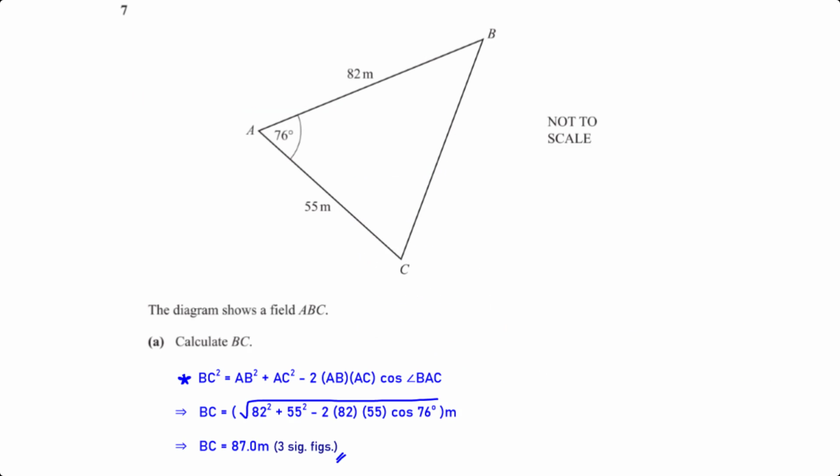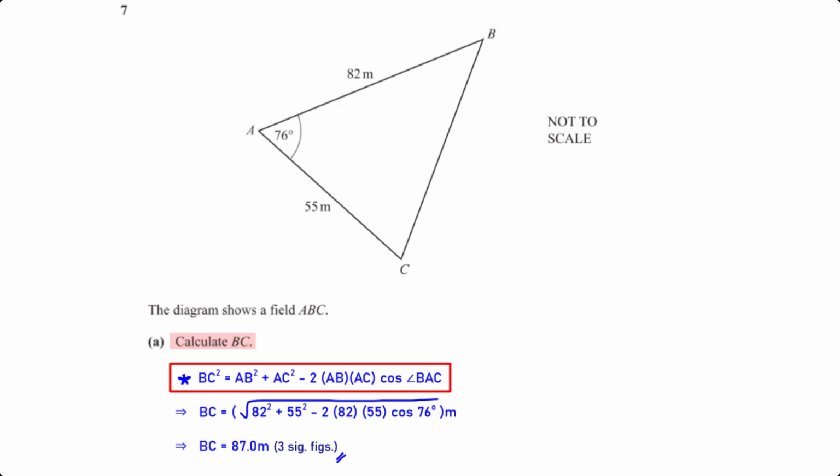The diagram shows a field ABC. Calculate BC. To get BC, we apply the cosine rule to triangle ABC. This gives us BC squared equals AB squared plus AC squared minus 2 times AB times AC cos angle BAC.